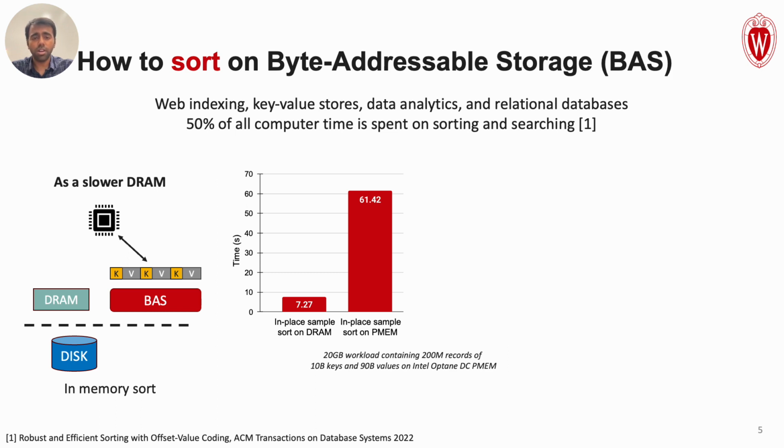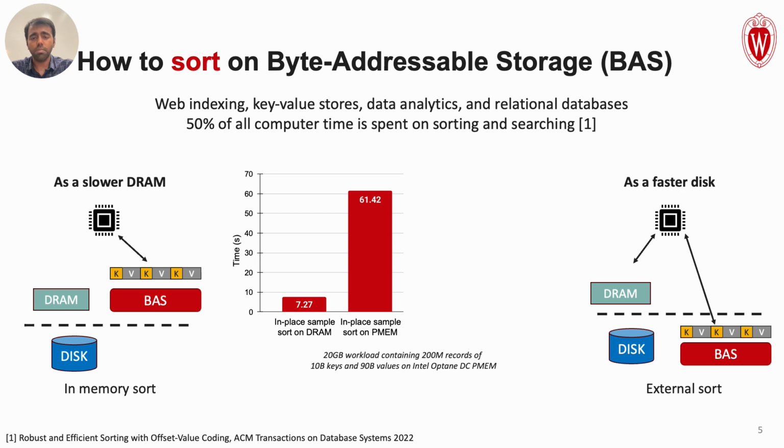So one way to address this would be by viewing the BAS device as a faster disk, where we make repeated copies of the keys and values to the DRAM in blocks, sort them, and write them back, allowing us to generate a much more concurrency-aware sorting system. This approach is definitely better than the in-place sample sort.